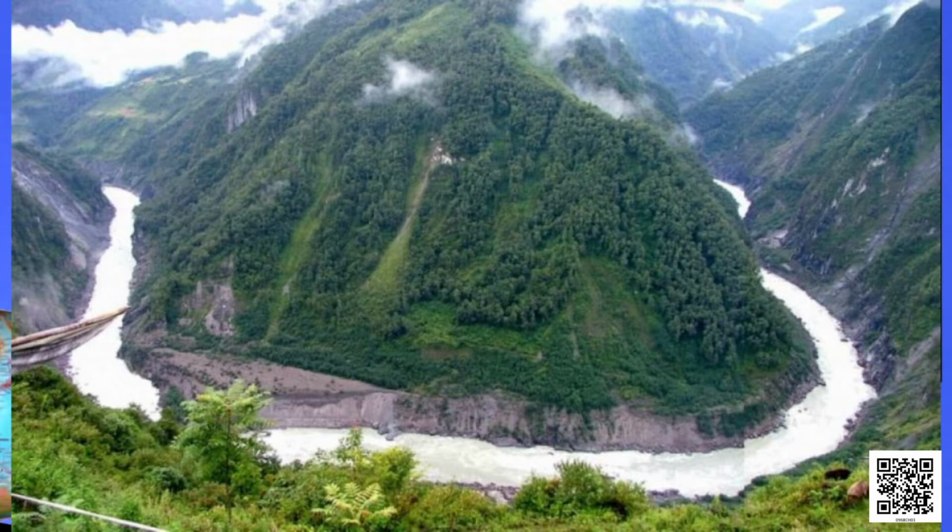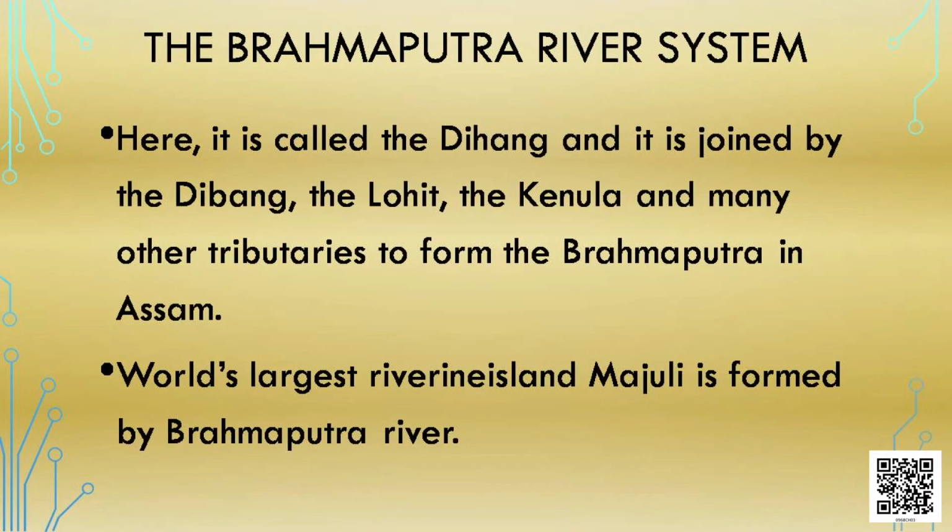Before entering into India, this river Brahmaputra is known as Sangpo in Tibet. When it enters into India along with the river Dibang and Lohit, then it enters Assam and it is known as the Brahmaputra. Let me tell you some facts about this Brahmaputra river.